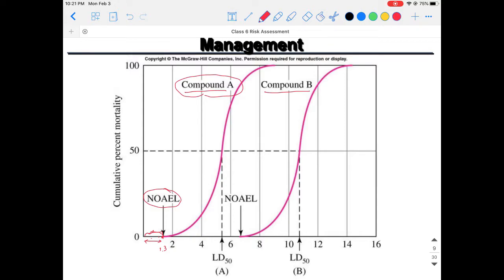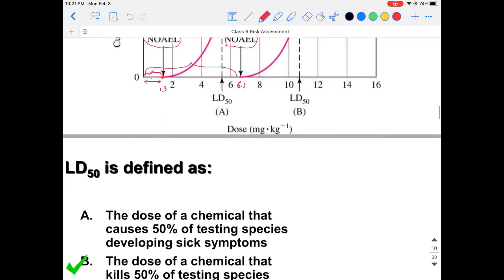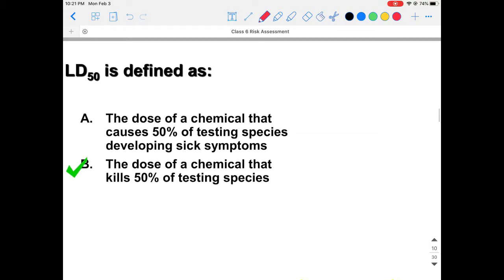This means that if compound A's concentration is below 1.3, it's not going to pose any risk, or the probability of risk is negligible. Similarly for compound B, this value is around 6.5. This value, NOAEL, represents the highest concentration of these contaminants that is not going to pose a significant or perceptible influence on the test animals.